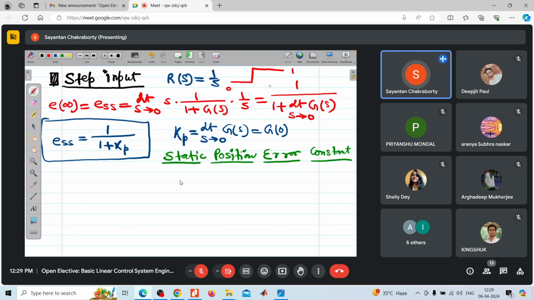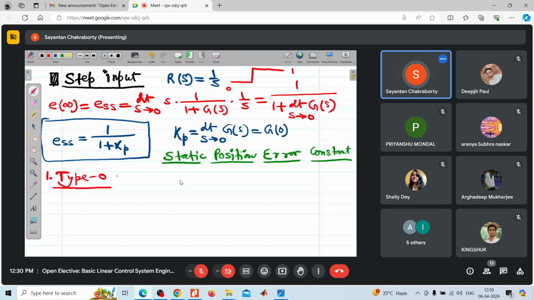So there will be one rotation, or in a linear or translational motion, from position x move to x plus 1. This is the position command that you're giving. And we are more concerned about what is the final position value the system is reaching, and in doing so, what is the steady state offset that will be given by this relation. That is why it's called position error constant. And static is a steady state value.